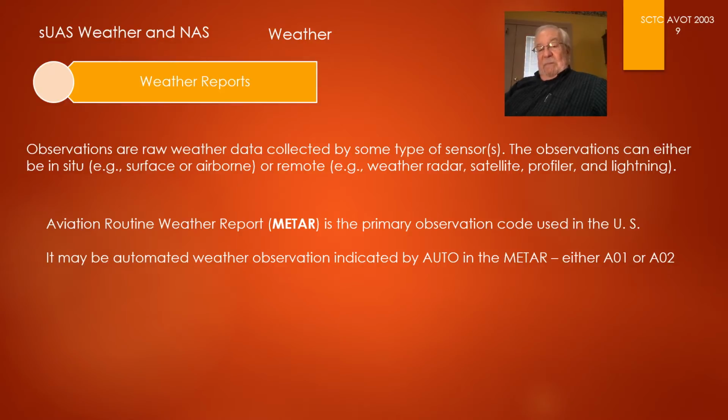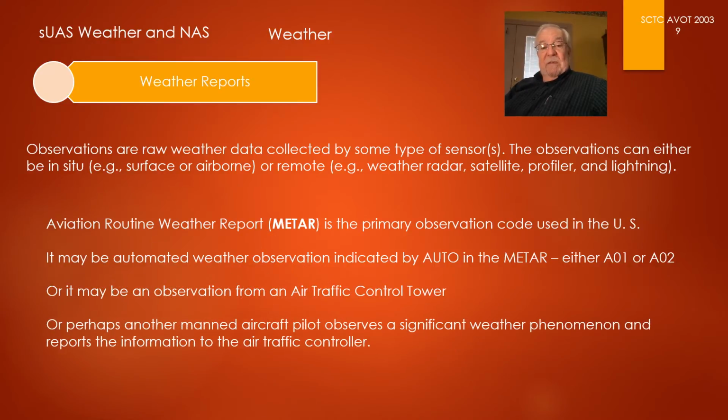Just means it's automated. You don't very often see it in any other format. And of course, like I said, it could be from an air traffic control tower, it could be from a pilot. These reports come from many different sources. But a METAR is almost always going to be from an automated weather service. Manned aircraft, right, will report the weather as they go along as well.